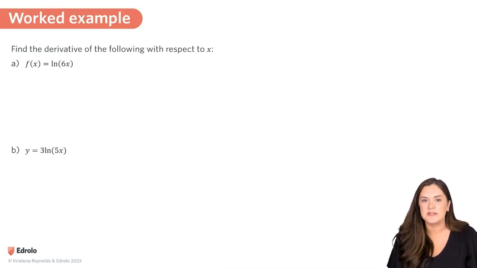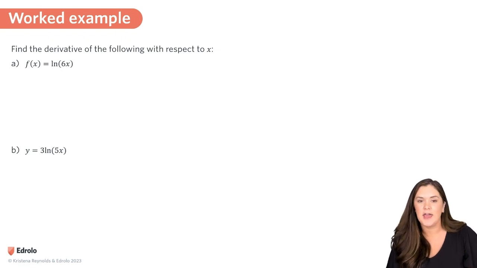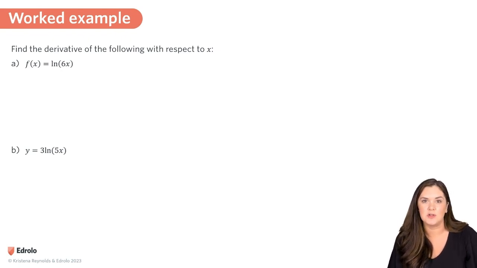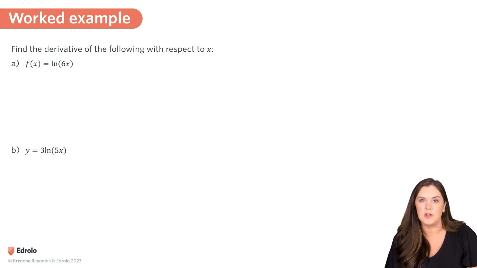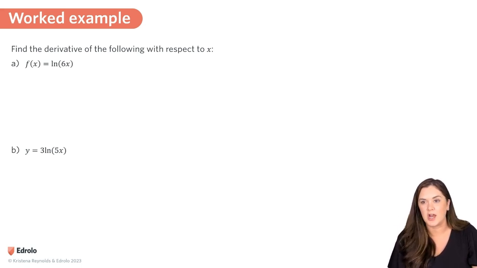All right, our first worked example. We have: find the derivative of the following with respect to x. So for A, we have f of x equals the natural log of 6x. Before we start, I just wanted to recall what we learned in the previous lesson about the chain rule.